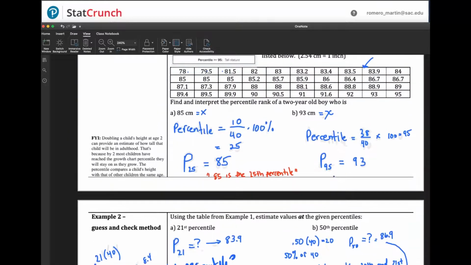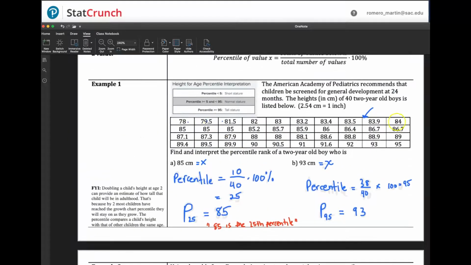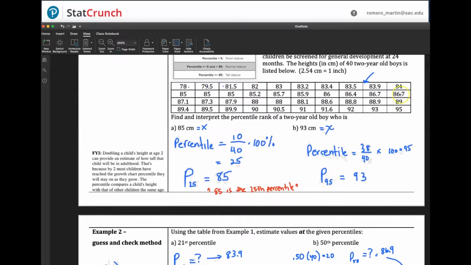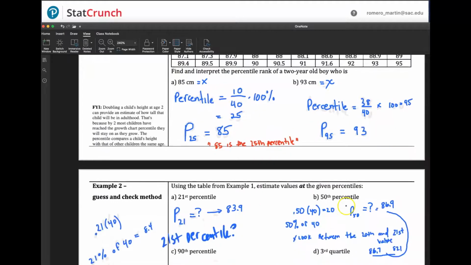The 50th percentile cuts the data in half. So 50% of the values are right here. It's in between here, right? And so you can see 50% of 40 is 20. So here's the 20th value. And so we want the value where half of them are below this value.